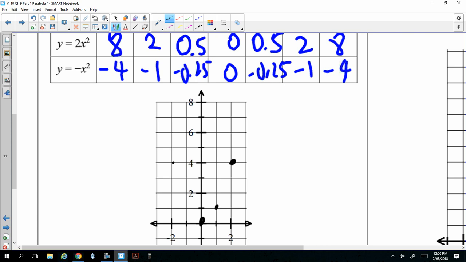Okay, so that's the normal x squared graph. Okay, so that's your graph for y equal to x squared.